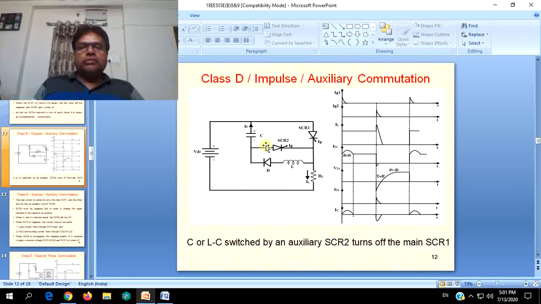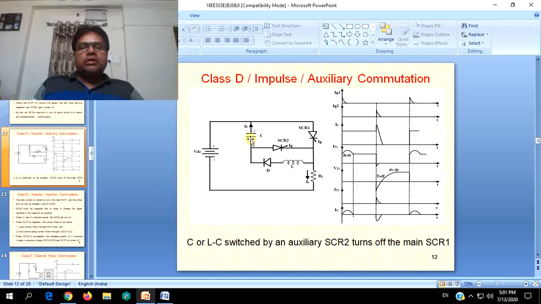So with this flow of current through the load in this given path, the capacitor charge builds up, and eventually the capacitor voltage becomes equal to the source voltage, where the upper plate will be charged positive and the lower plate negative. That is your capacitor current, how it built up.